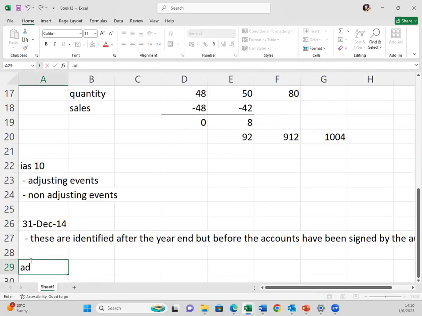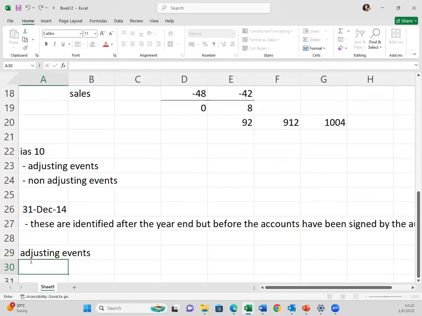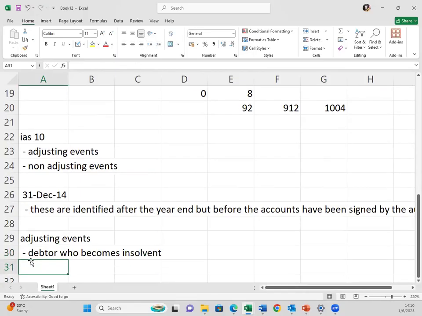So adjusting events, the common adjusting events that we are likely to face in questions: we have a debtor who suddenly becomes insolvent after the year end. So this debtor became insolvent after the year end.